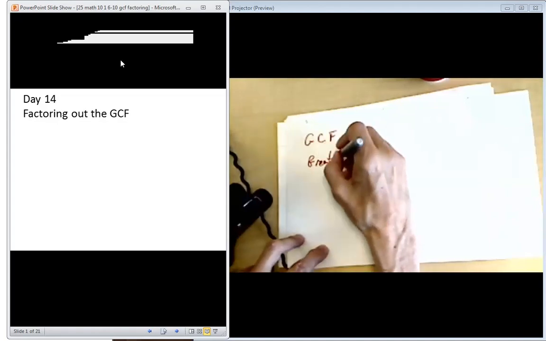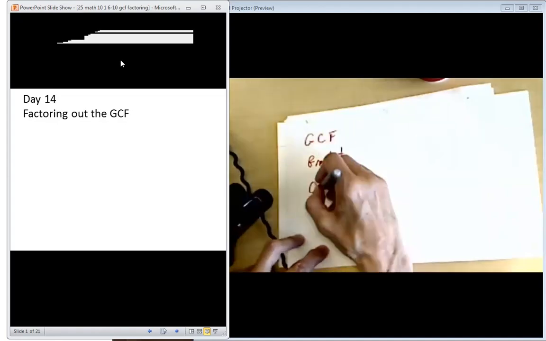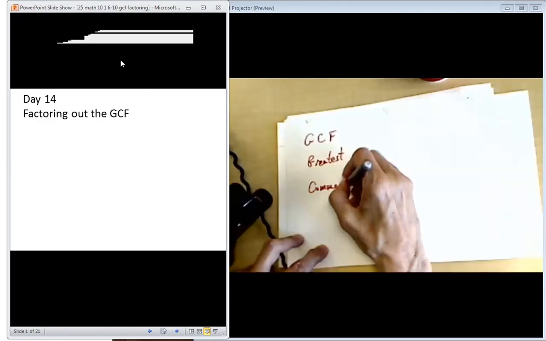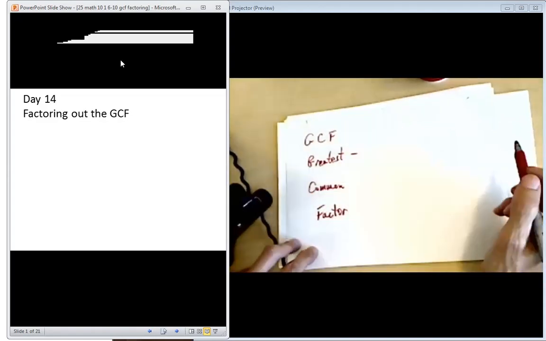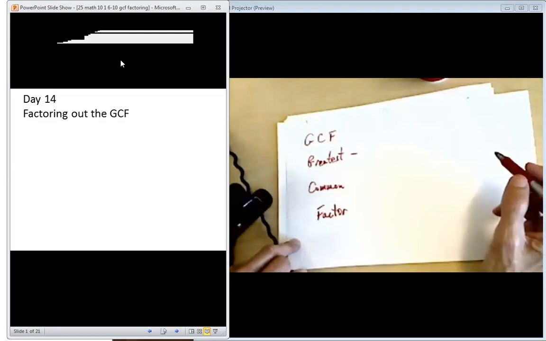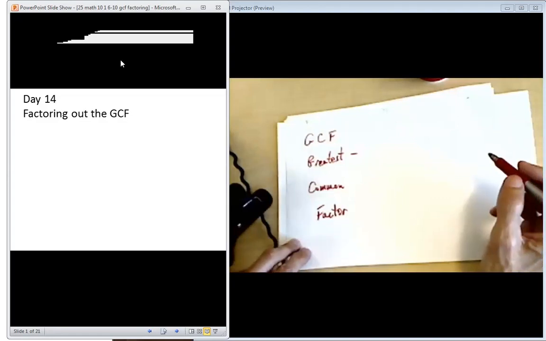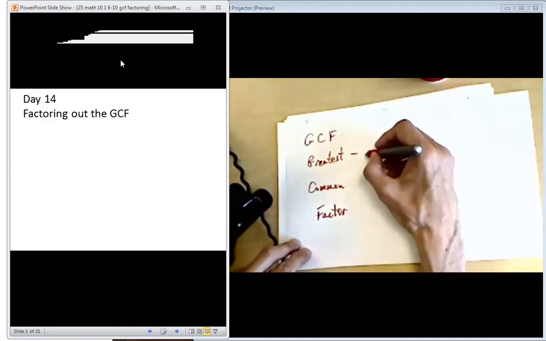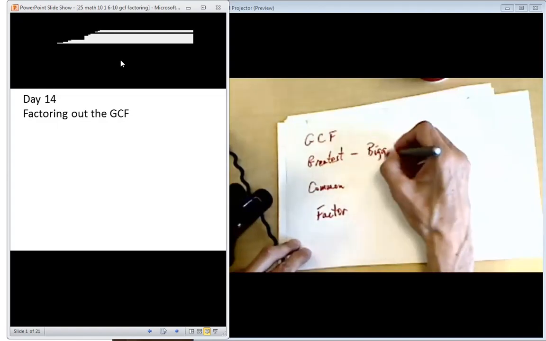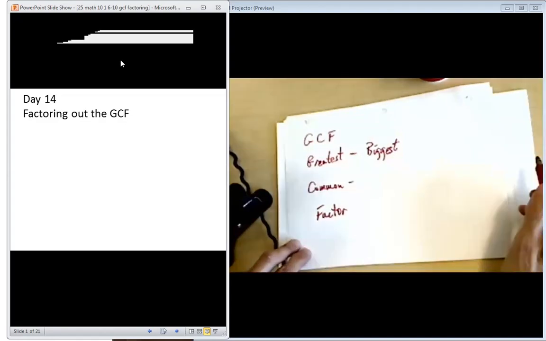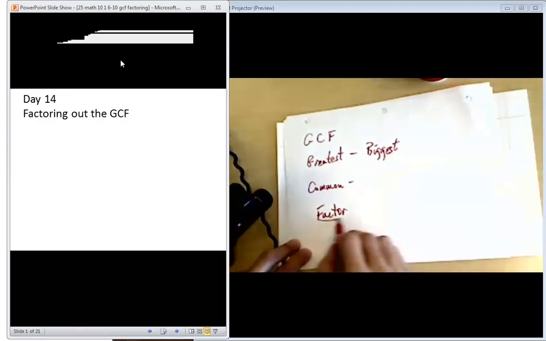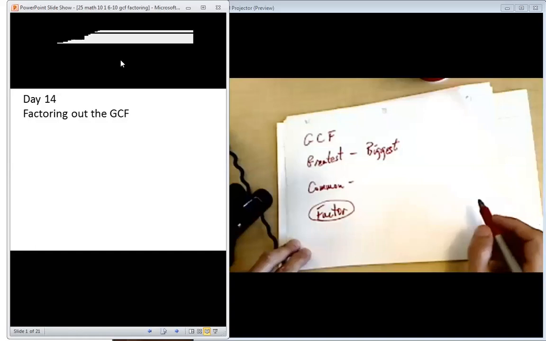Greatest can mean the world's greatest hamburger, right? Could be most awesome. But what this means for us here in math class is the biggest one. So the biggest factor. That's what we're going for.